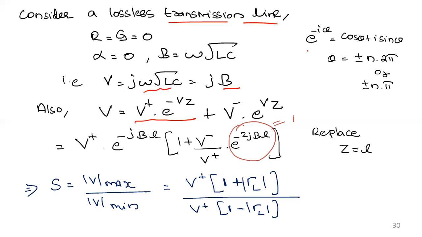You know that e raised to minus j theta is cos theta minus j sin theta, and you know that the values of cos and sine vary from -1 to 1.